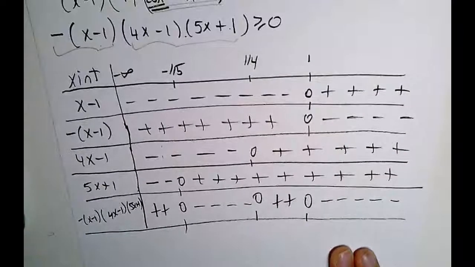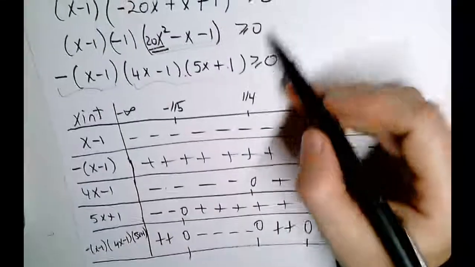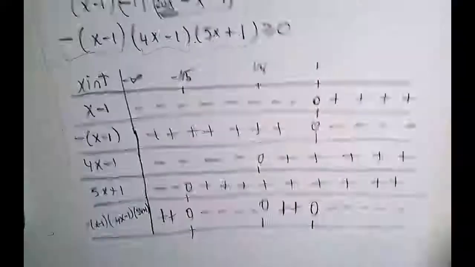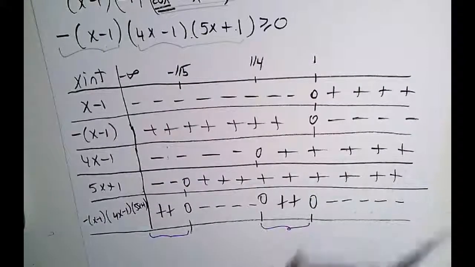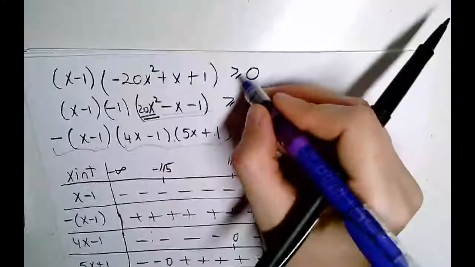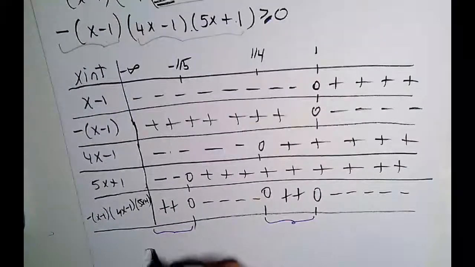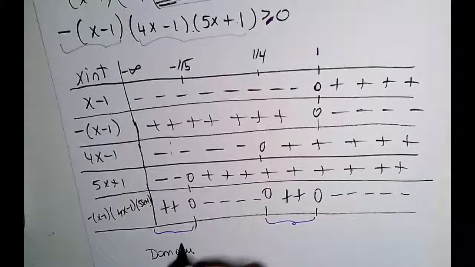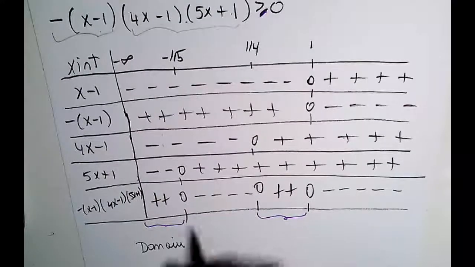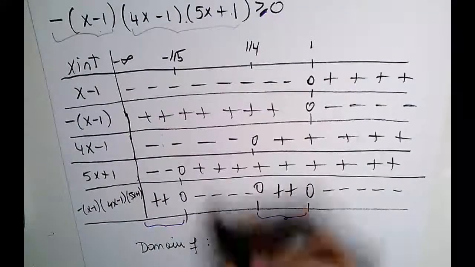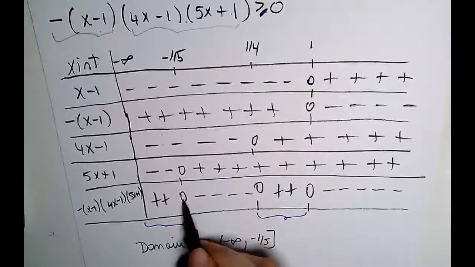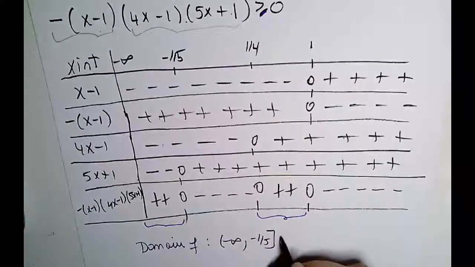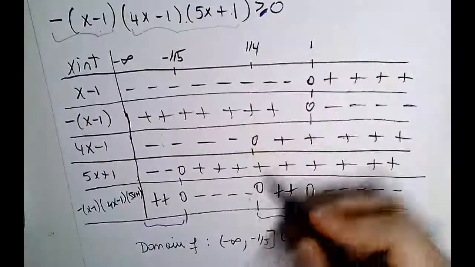Now to get the answer, where is this greater than or equal to 0? It's greater than or equal to 0 here and here, and it includes equals. So the domain of f is negative infinity to negative 1/5 with a bracket, because it can be equal to 0, union 1/4 to 1.